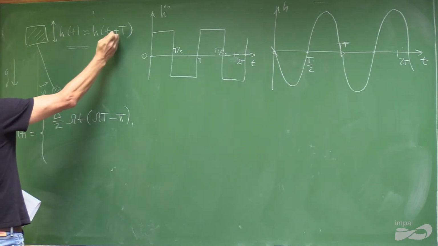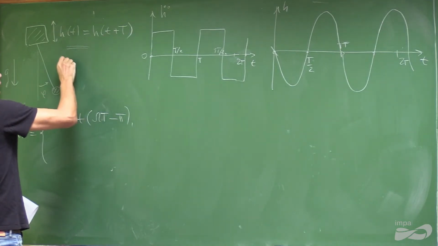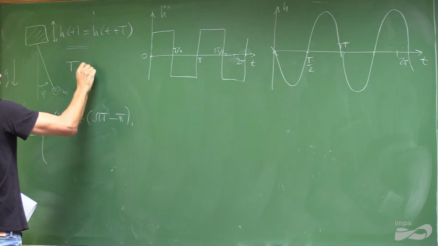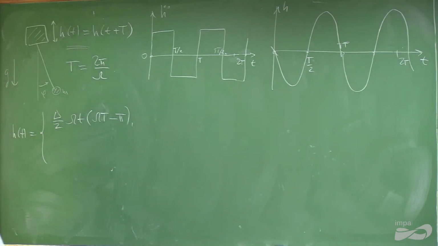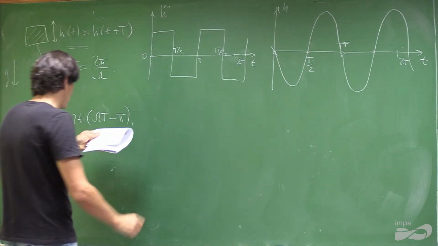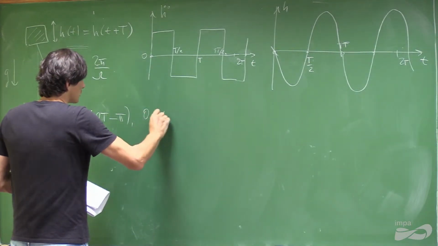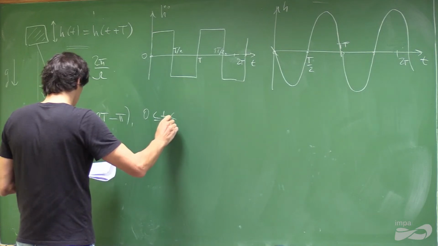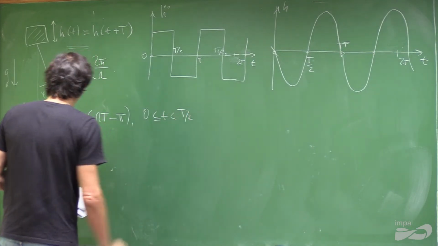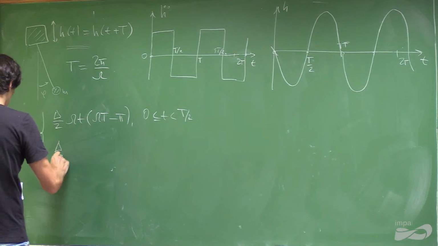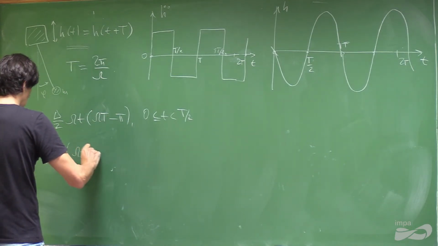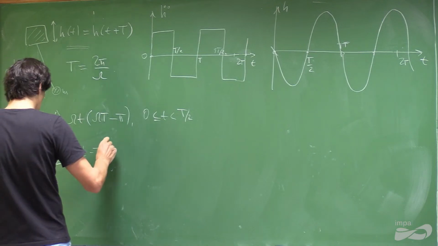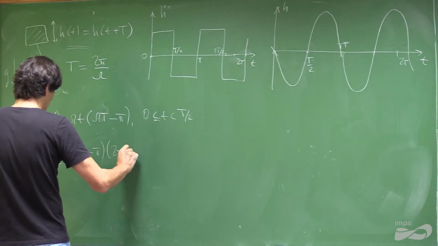Remember, we can always connect the period to the frequency. We take this for t from 0 to half the period, and delta over 2 omega t minus pi, 2 pi minus omega t, for the second half.